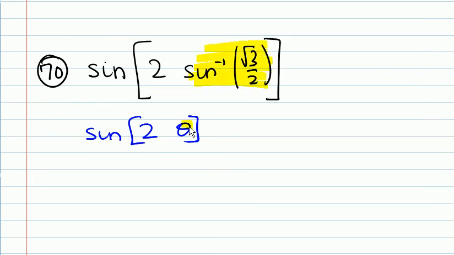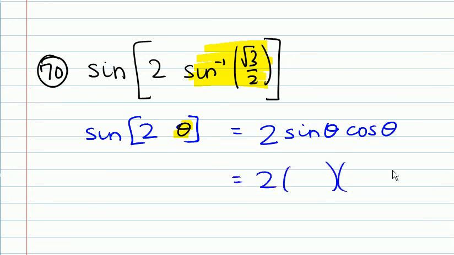So this is going to equal 2 times the sine of theta cosine of theta, which gives us 2 times, if the inverse sine of our angle goes with root 3 over 2, then the sine of that angle is root 3 over 2. And if you look on your unit circle, whenever y is root 3 over 2, x is a half. So this simplifies into root 3 over 2.